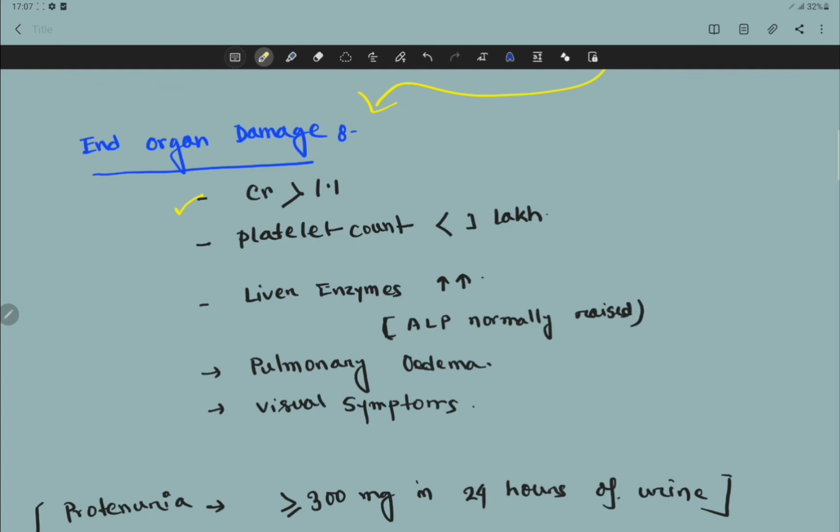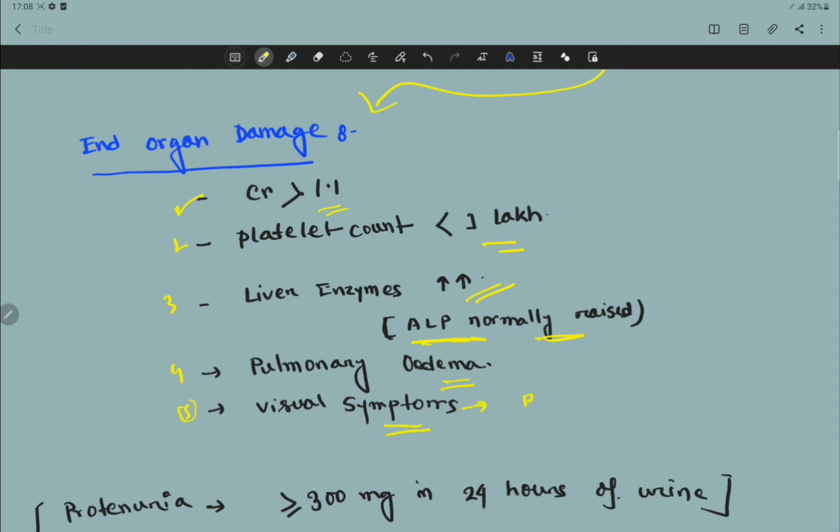So if creatinine level is more than 1.1, platelet count less than 1 lakh, liver enzymes all raised except ALP. Why ALP? Because ALP is normally raised in pregnancy, that's why ALP is excluded. Then pulmonary edema present.